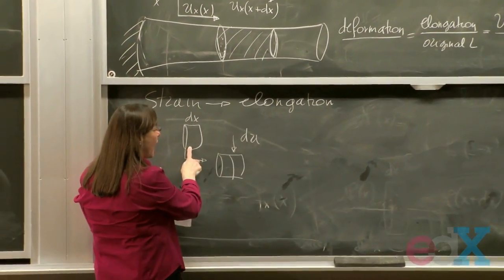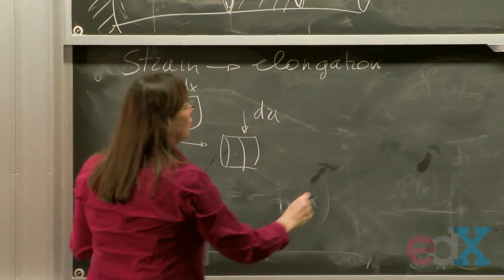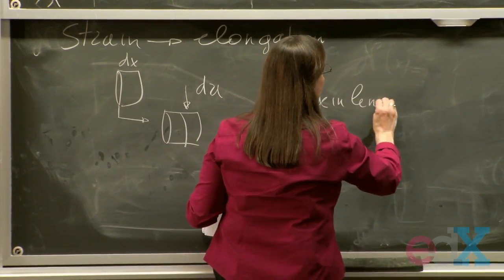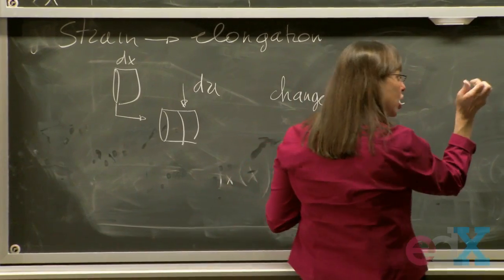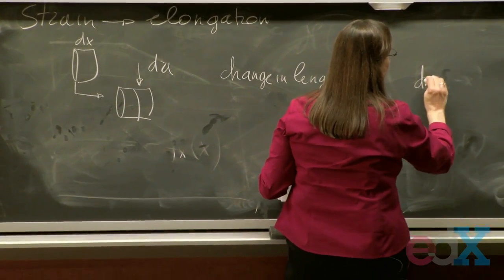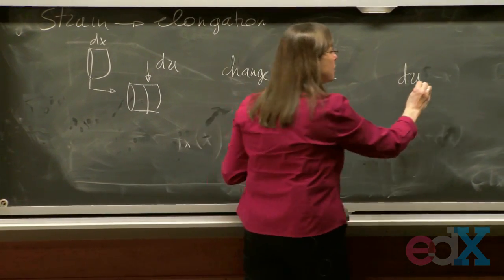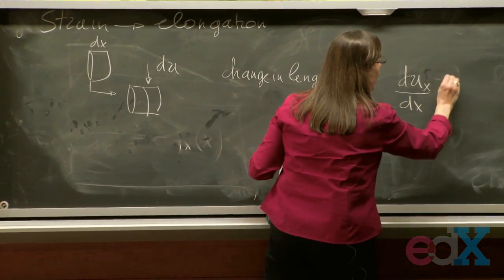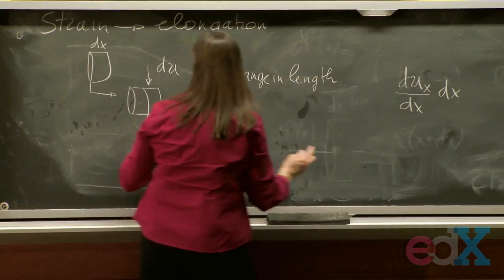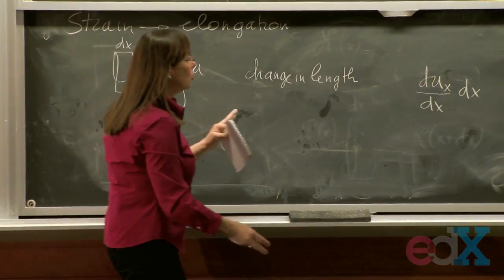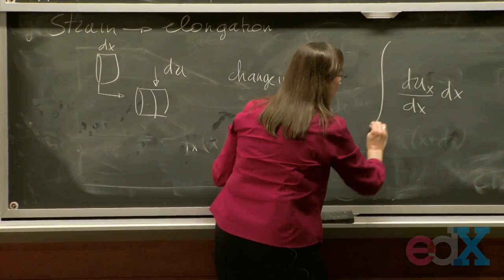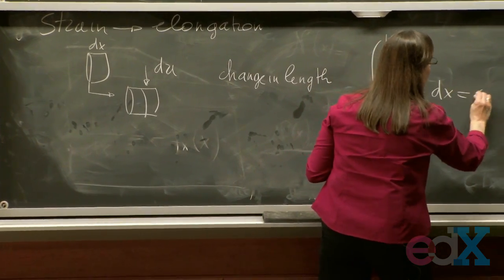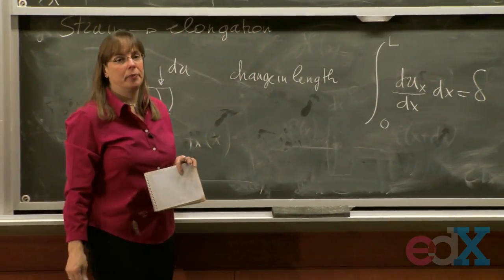So if I have the bar, the change in length for each little segment is du, which I can also write as du/dx multiplied by dx. This is how much each little dx changes. So if I want the whole change in length, I need to sum it up from the beginning to the end of the bar. This is going to be our elongation of the bar.